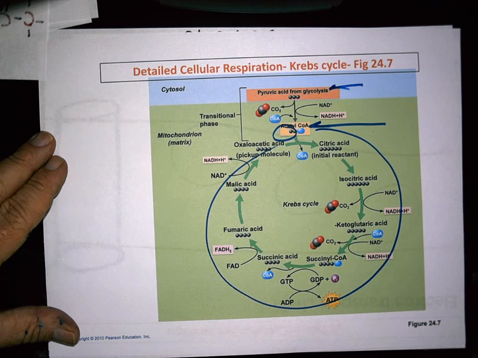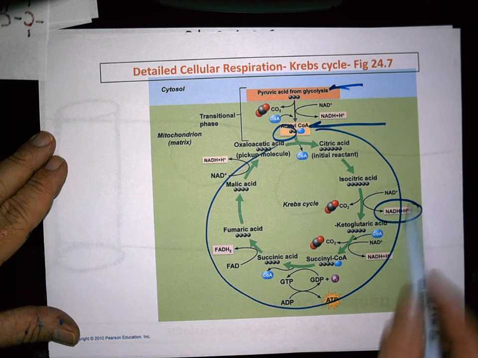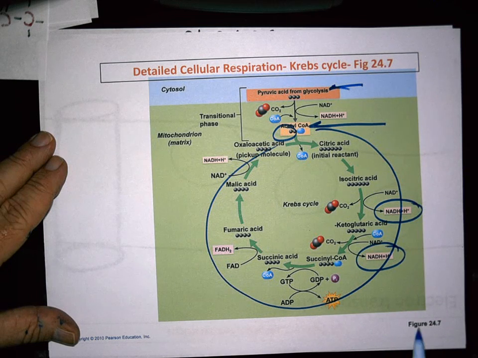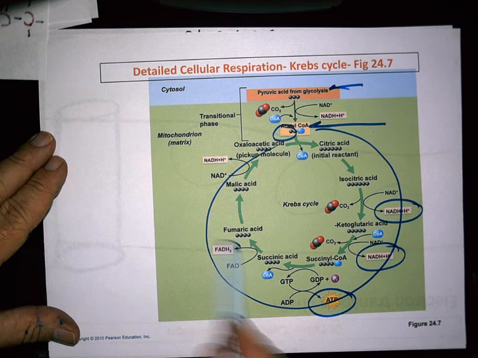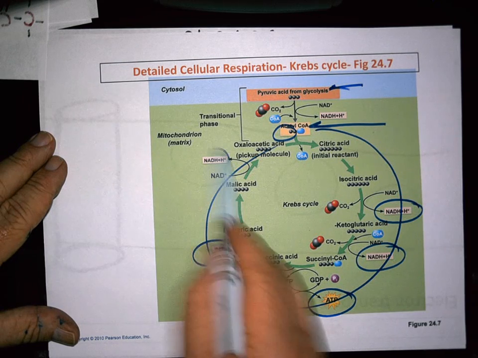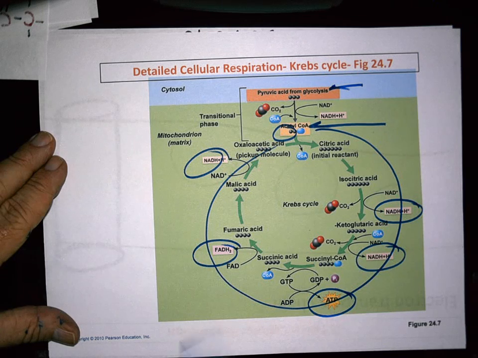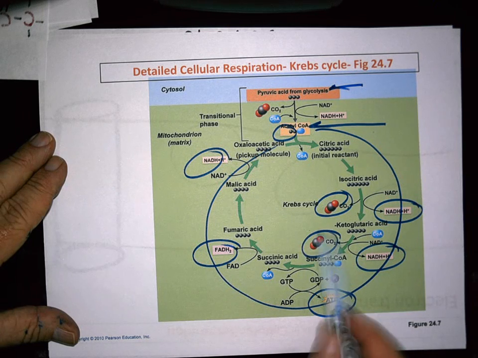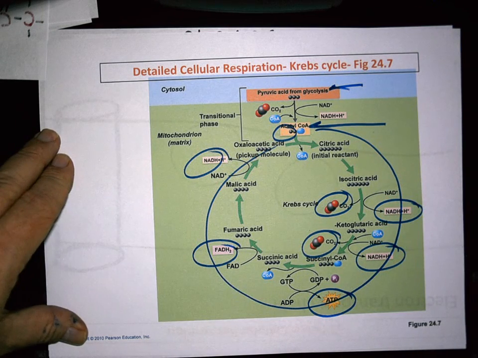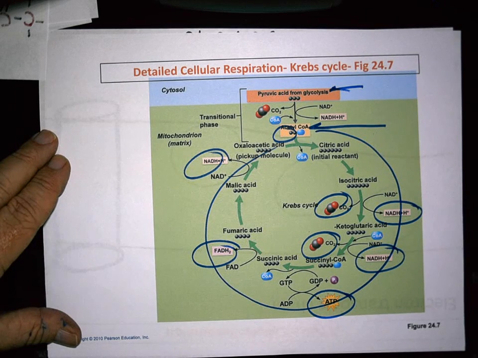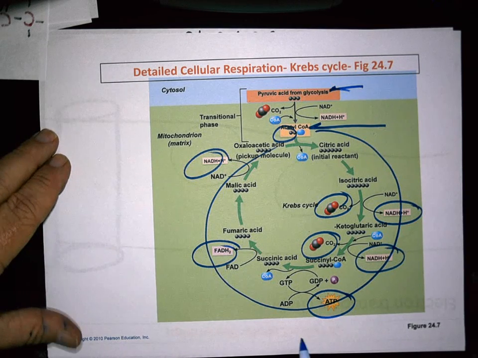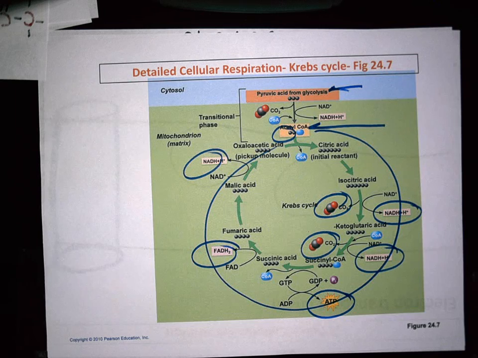In the process, we produce hydrogen atoms again, electrons and protons. We produce some ATP. Again, more hydrogen to collect. We also give off carbon dioxide. So actually we exhale carbon dioxide. This is one of those locations from which we exhale the CO2. Okay, I'll stop now. The next part will continue.